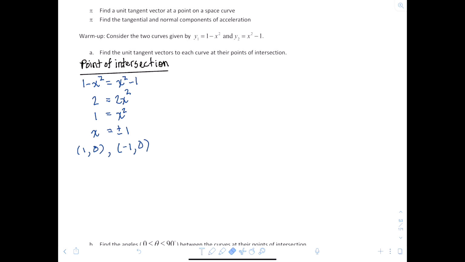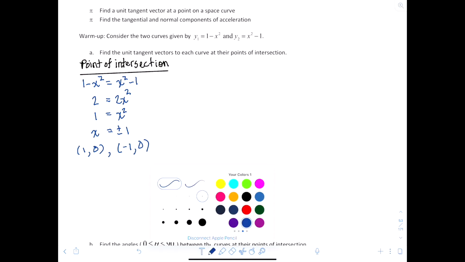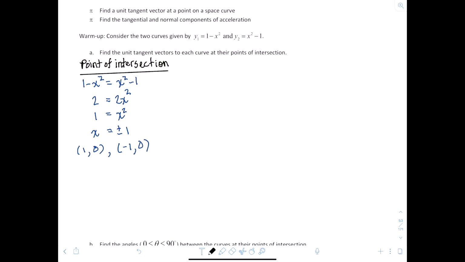All right, so now that we've found our points of intersection, we're looking for tangent stuff, right? So we are going to want to differentiate. So we want to find d dx of y1 and d dx of y2.